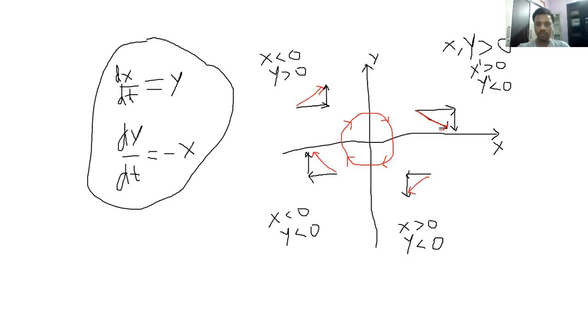We have to consider only the first quadrant to determine the direction of the trajectory in the phase plane. And after that, if you know the direction, then you can use the computer to plot the trajectories. So how will you find out the direction?